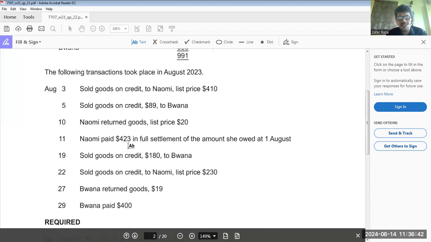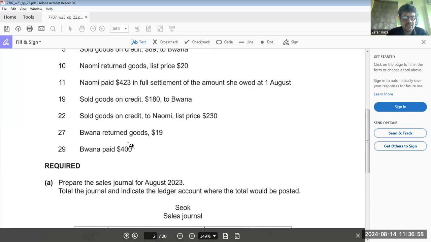Now, Nomi paid $20 in full settlement of the amount she owed at 1st August. Okay. This is purely a transaction of the cash book, not the sales journal or sales return. Okay. Sold goods on credit, $180 to Bhavana.